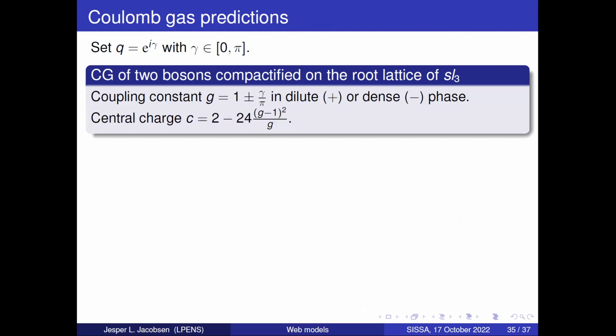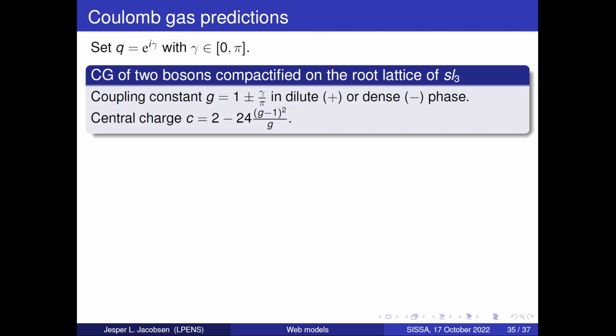So once you have this vertex model, you can easily turn it into a height mapping, because you will realize that when you move around on your lattice, you are actually looking at a two-dimensional height that is compactified on the root lattice of SL3, which is a triangular lattice.